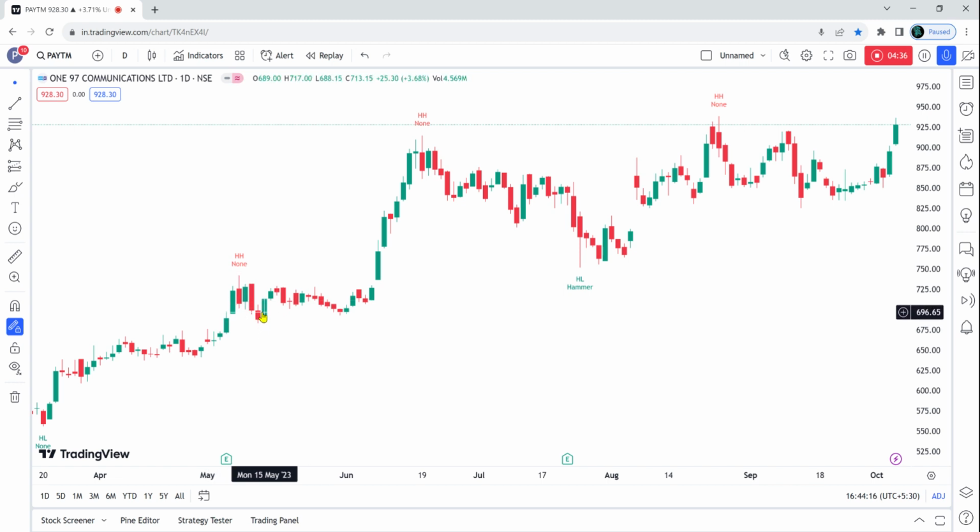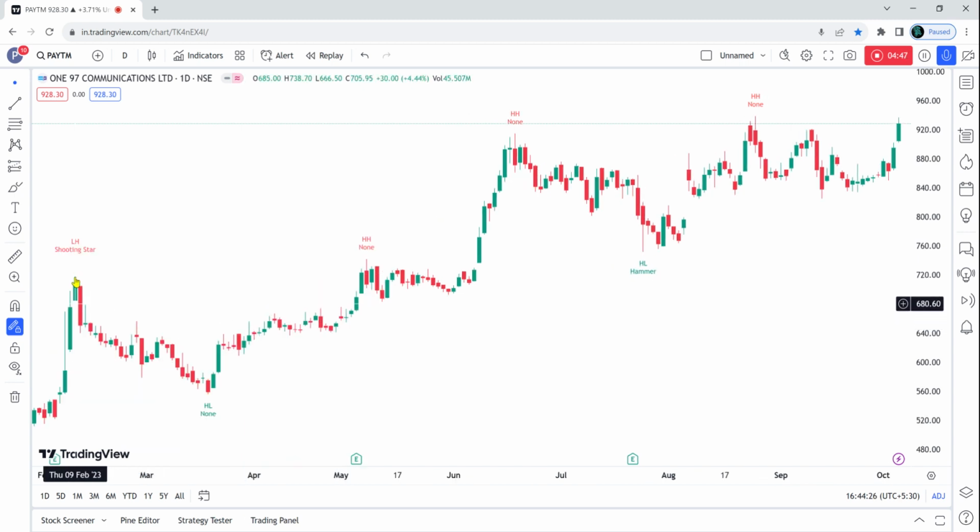These two candles, the red followed by the green one, show that there's still some strength left. The previous one was accompanied by this long red candle, and here there was not much activity to that extent.